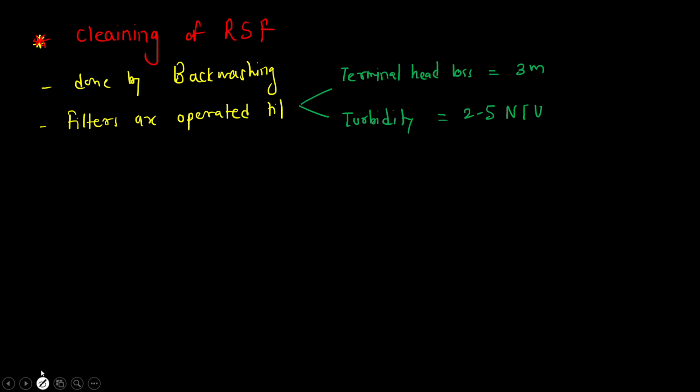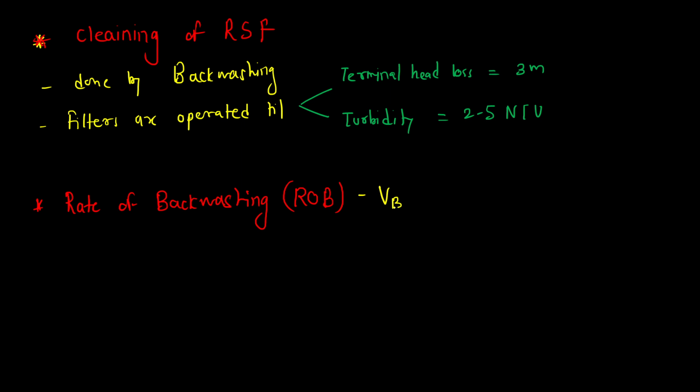Now for the backwashing there is one parameter which is called the rate of backwash. These are asked sometimes, and calculations related to it. So the formula for rate of backwashing, we'll denote it with VB.